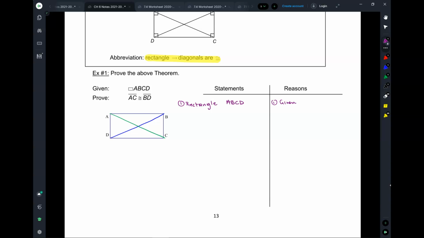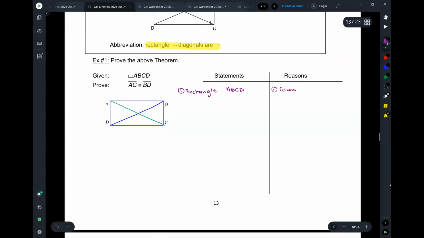One is this side, B, C, and then onto D with this blue diagonal. That's one triangle, right? This big one. And then another one is with the green, here, here, here, okay? So we want to prove that those two are congruent, and when we do that, we can prove by CPCTC that the green and the blue are congruent. So let's get started, and then I'll take some questions in a minute.